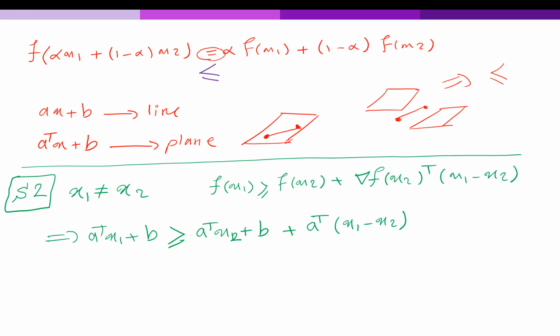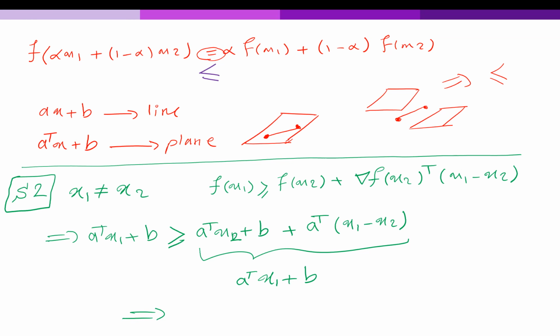which shows that, okay, you can cancel a transpose x2 here with this negative a transpose x2, and you'll end up with a transpose x1 plus b.